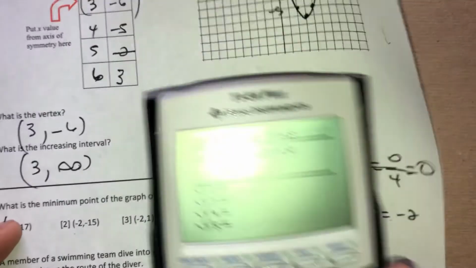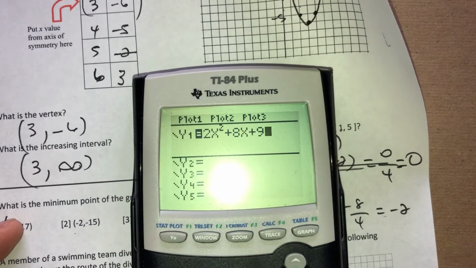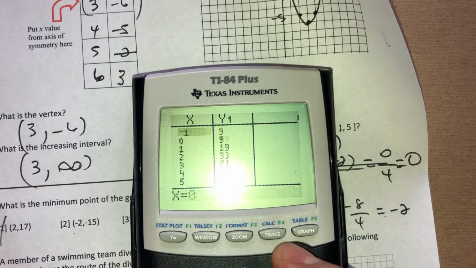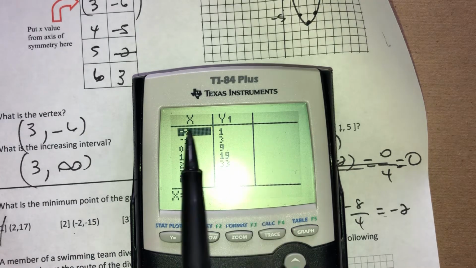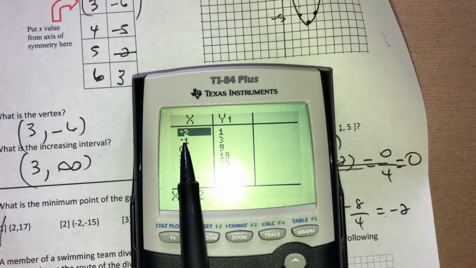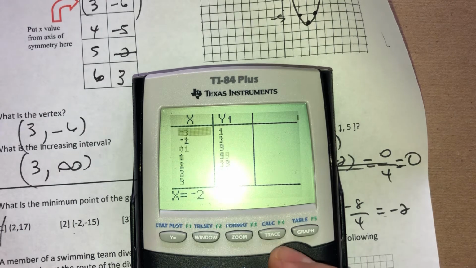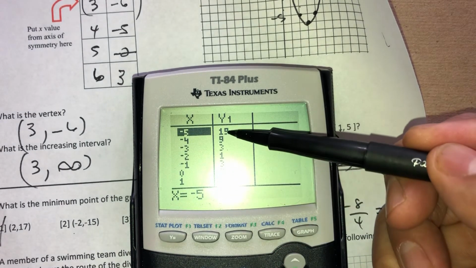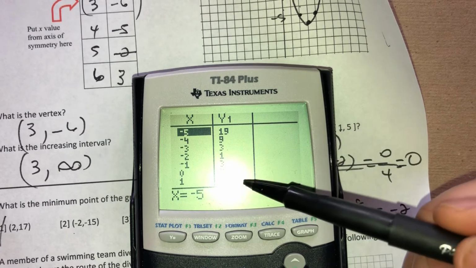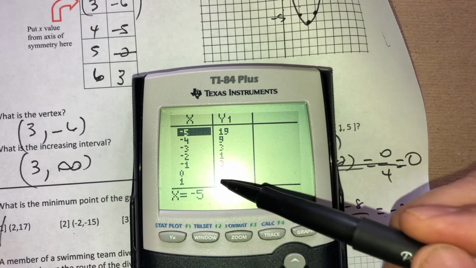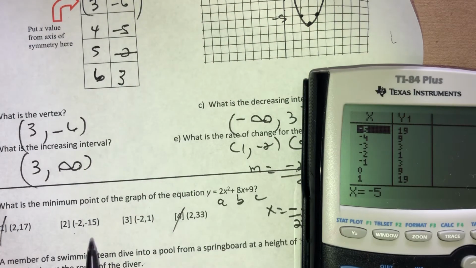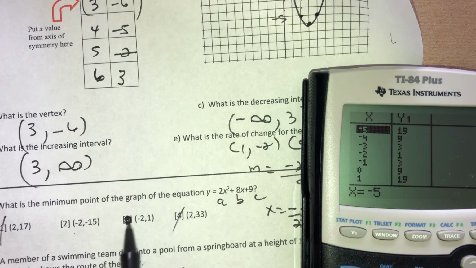I already put the equation in, so I'm going to go second graph, and when the value of x is negative 2, look, the value of y is positive 1. And if you want to make sure, just keep going, and you're going to know that everything starts repeating. So that will be the window. If you have to graph that, you will need all these points. But because I went to the calculator, I know that it's going to be choice 3.